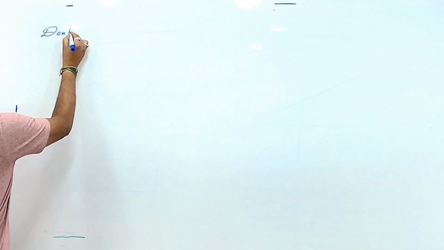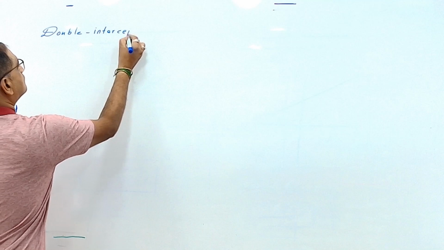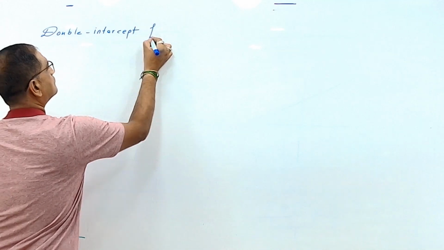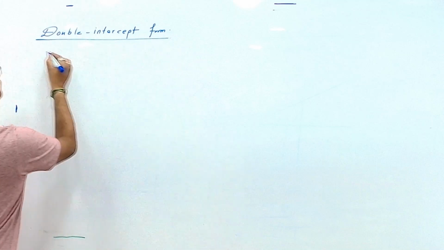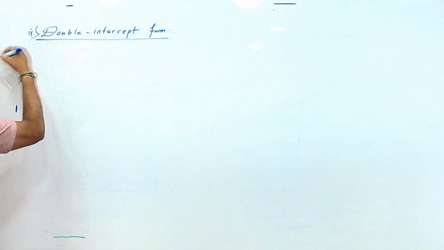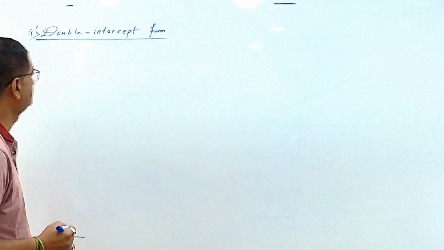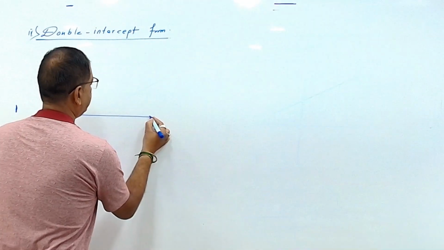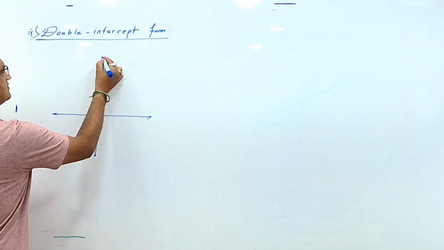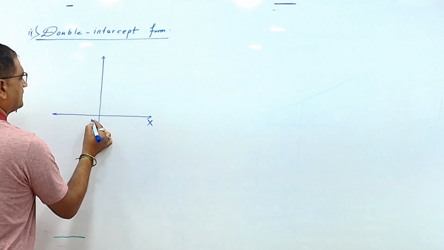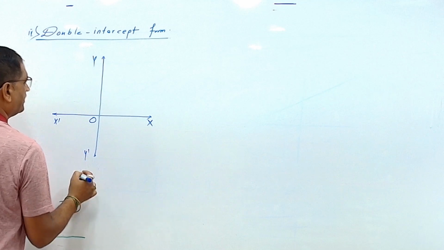Let's see about the double intercept form. This is the fourth form. It is double intercept form. Say this is x-axis, this is y-axis, x o x dash, y o y dash.